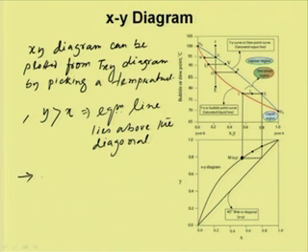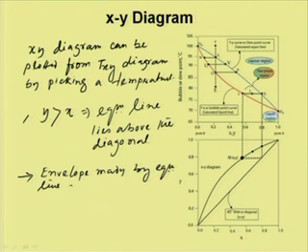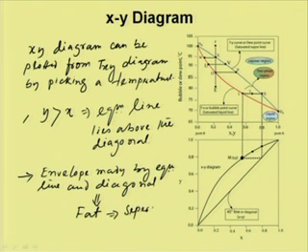So, if the envelope made by the equilibrium line and diagonal is fat, then separation by distillation is easier.